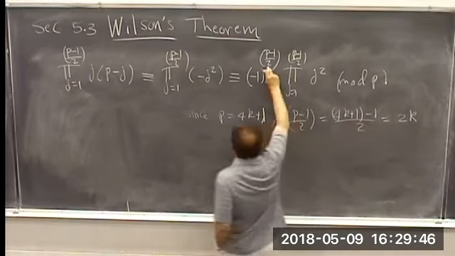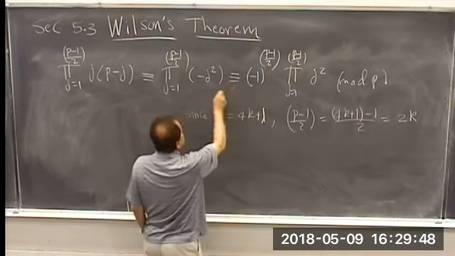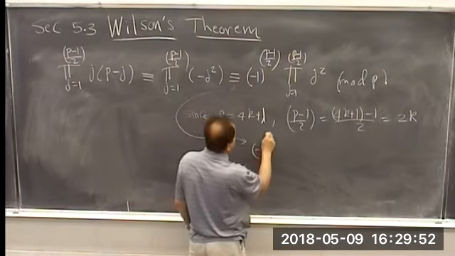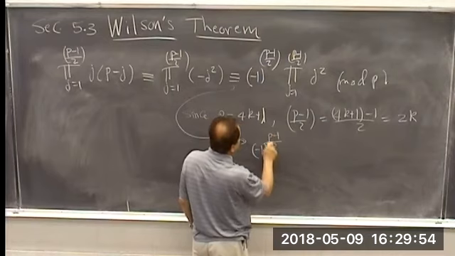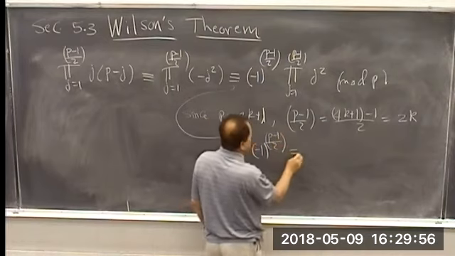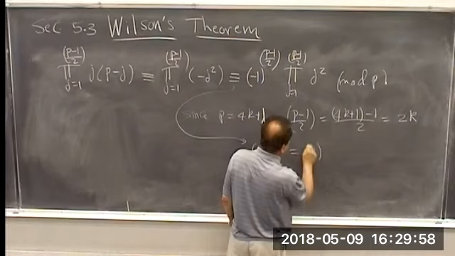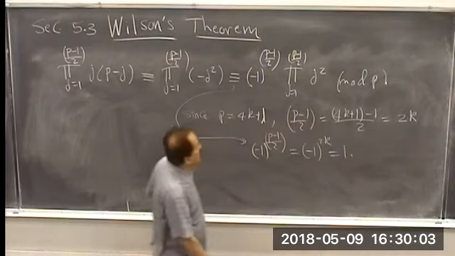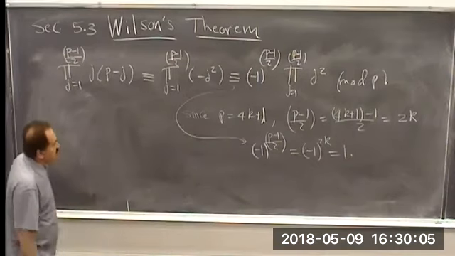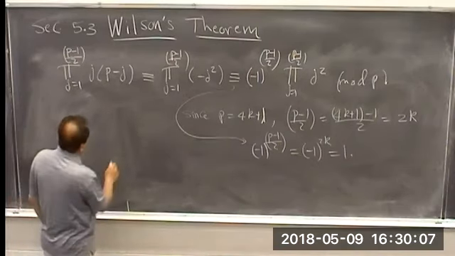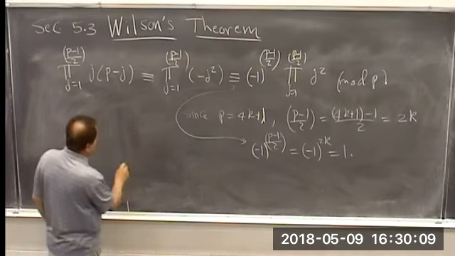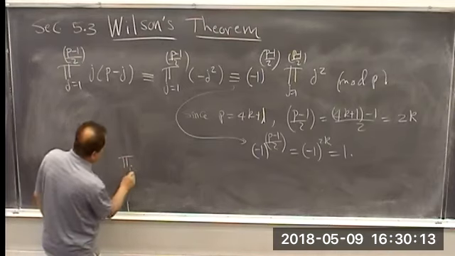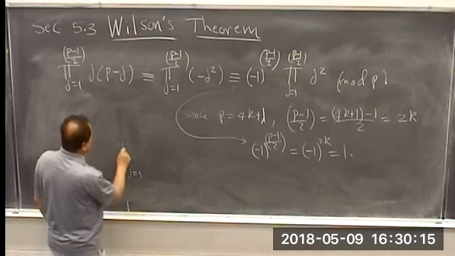So this implies that negative 1 to the (p minus 1) over 2 is negative 1 to the 2k, and this is equal to 1. So now we have this. We have the product as the multiplication of these numbers.